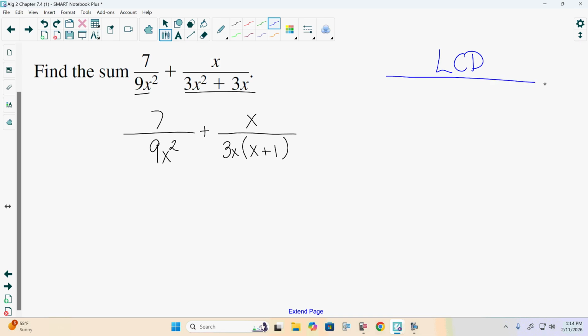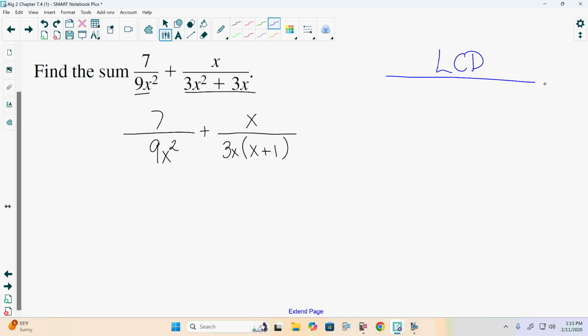And we can use both of those to find the least common denominator. It's just least common multiple, but we say denominator because we're referring to the bottoms of the fraction. The least common multiple and least common denominator are the exact same thing. It's just that least common denominator is talking about the expressions on the bottom of the fraction.